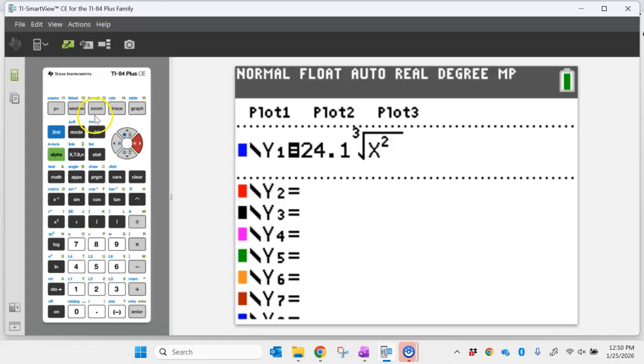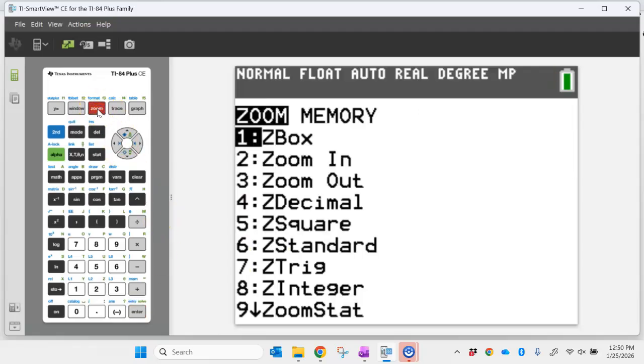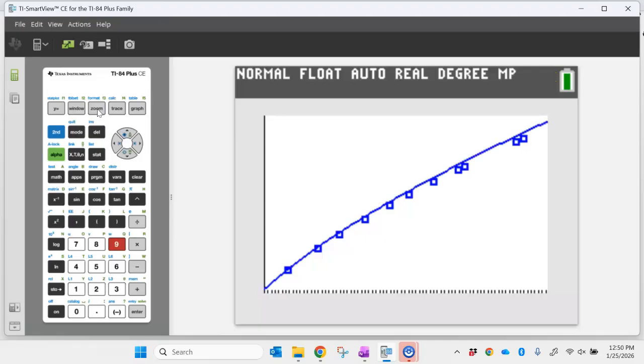I can put that in, and I'm going to turn on my stat plot so that I can see all those things that I graphed. I'm going to hit zoom and hit stat so that I can see all the things I plotted. Those are all of the plots that we created in our L1, L2. And that equation right there that I just put in is the one we put on there. You can see it actually does resemble it pretty closely.